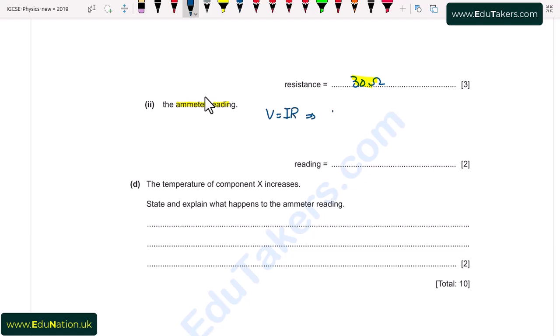Here we have to calculate current. It will be V over R. So the voltage is 6.0 divided by the resistance 30, and the current comes to be 0.2 amperes. So the reading of the ammeter is 0.2 amperes.